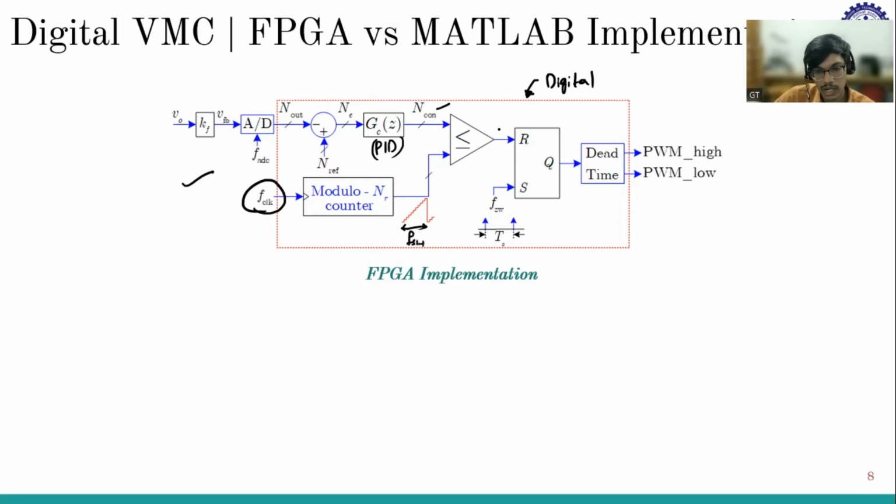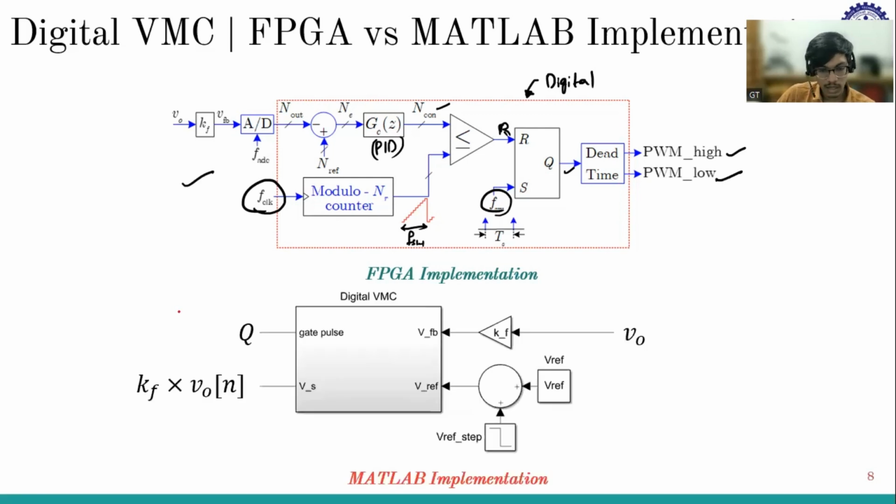After comparing, it will generate the reset pulse. The set pulse is coming from the switching frequency clock, generating the Q pulse. Now it goes to the dead time, and we had discussed the dead time logic also, its implementation, giving PWM high and PWM low.